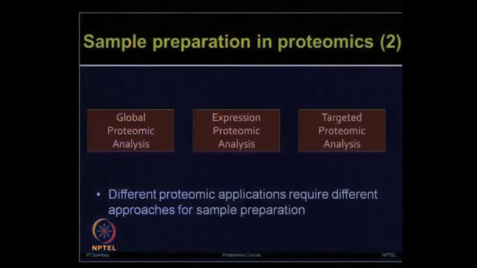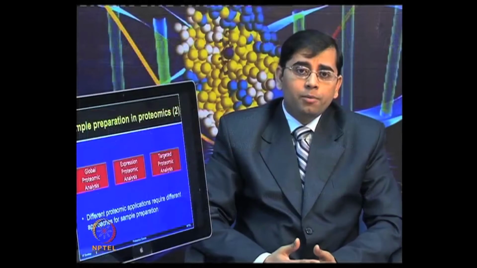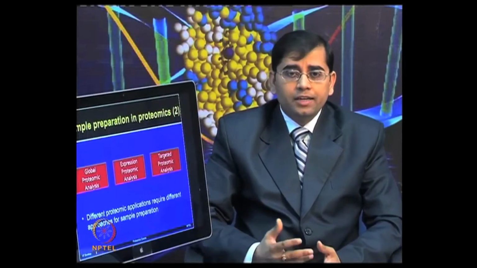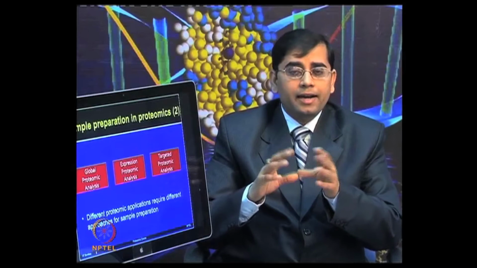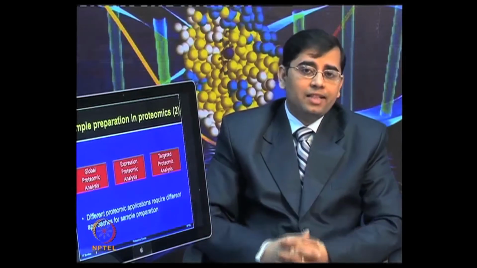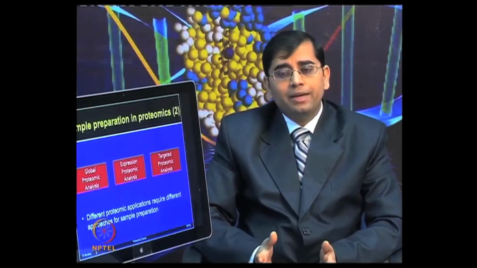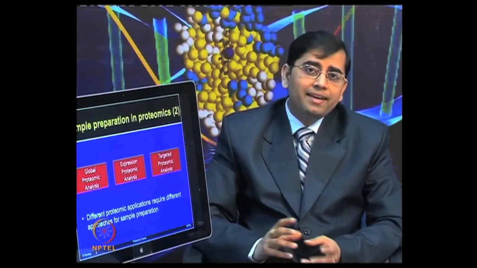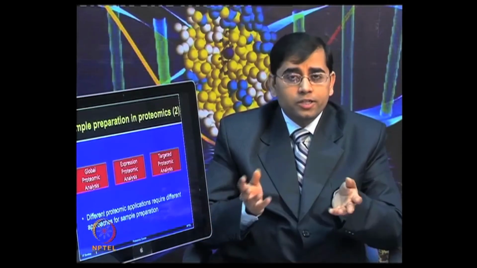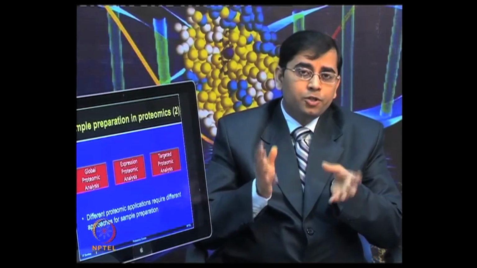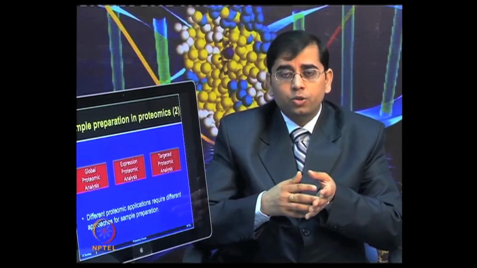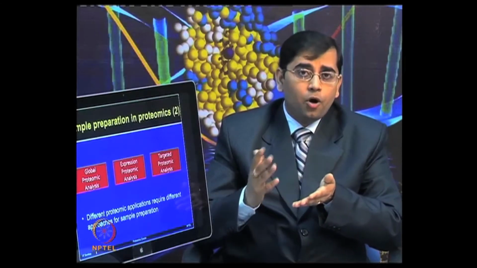So, let me give you 3 different terminologies here for proteomic analysis. One is global proteome analysis, expression proteome analysis and targeted proteome analysis. When I am talking about global proteome analysis, it means your aim is to characterize all the proteins present in the given sample. Expression proteome analysis means you are mainly interested in those changes which are due to any chemical or treatment, where the protein amount is changing, going up or down.